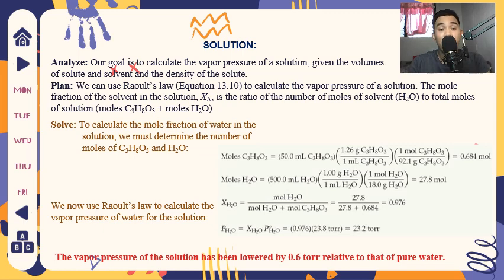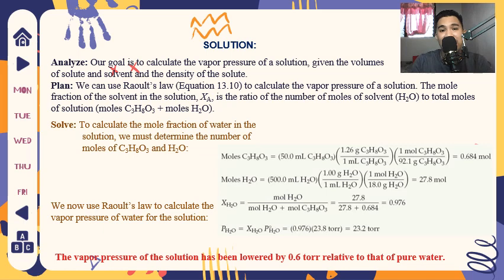So the vapor pressure of the solution has been lowered by 0.6 torr relative to that of pure water. If you notice, the decrease of the vapor pressure is very low because glycerin is a non-electrolyte.